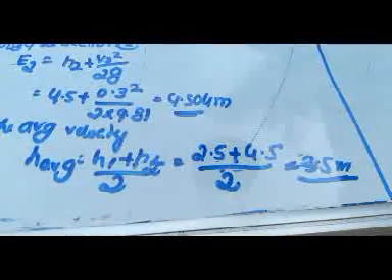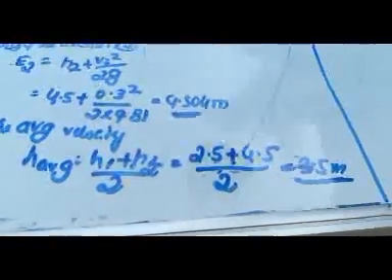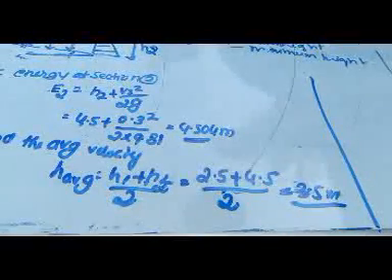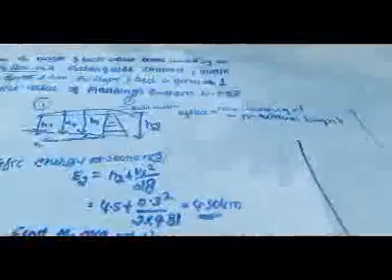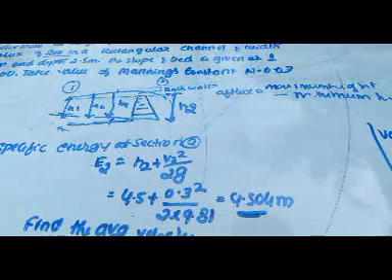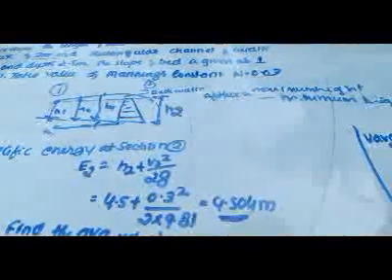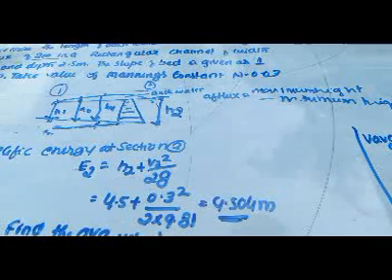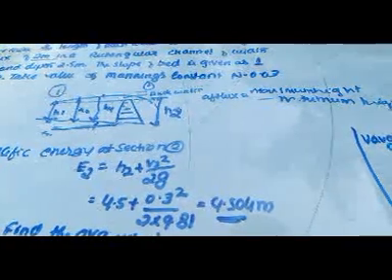V average is equal to V1 A1 divided by A average.